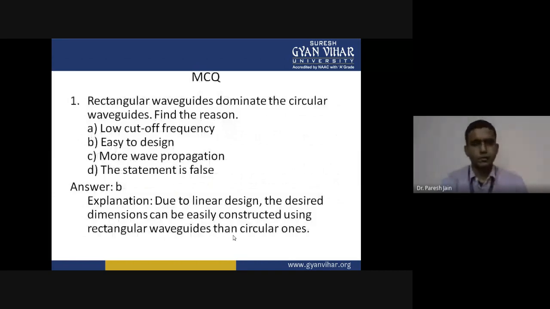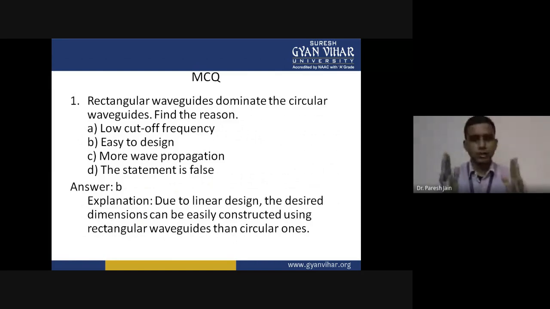In the next section we have some multiple choice questions with solutions, and an explanation is given for each question. First question: rectangular waveguides dominate circular waveguides. Find the reason. Choice A is low cutoff frequency.